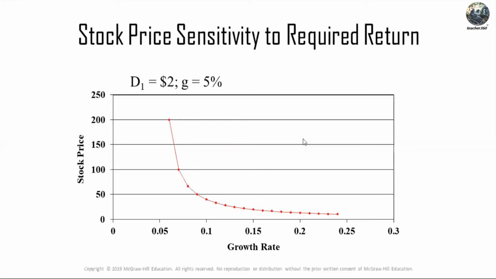Here you can see that when the required return is 25%, then the stock price is $10. When the required return is 10%, then the stock price is $40. So it just reflects the mirror image of the previous one.